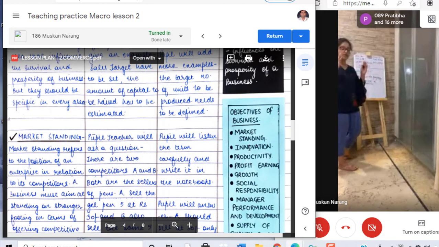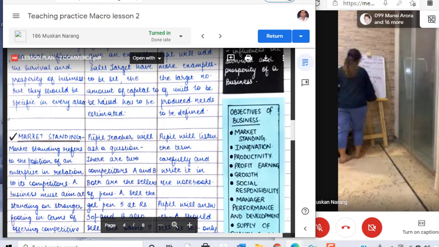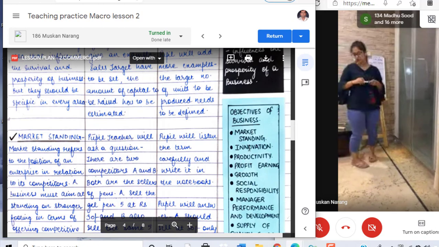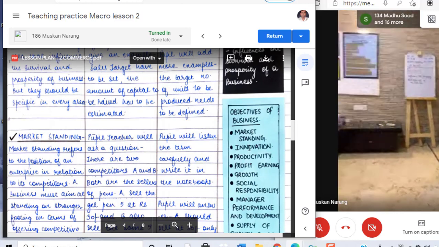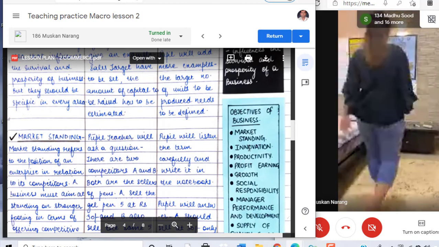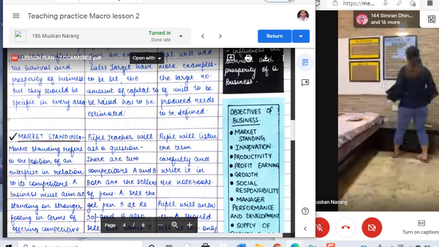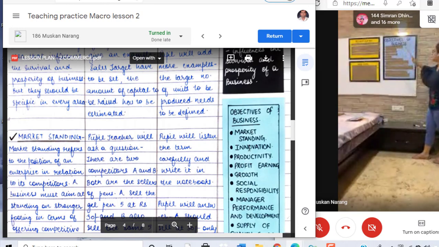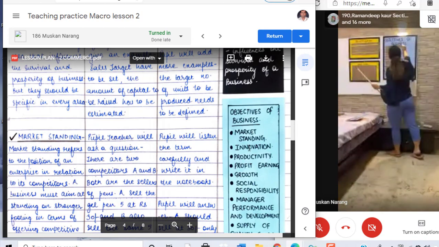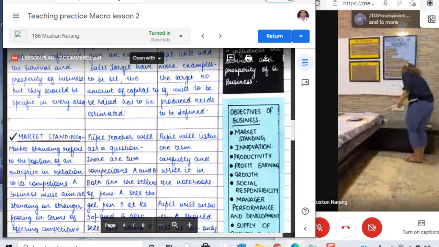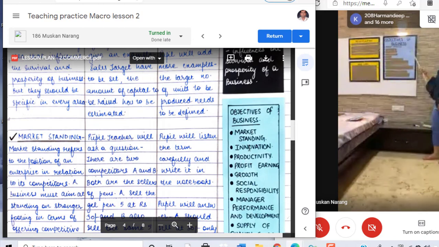If they want sustainability in the market against their competitors or want expansion, the objectives need to be fulfilled. So students, look at the chart carefully. One by one, we are going to discuss the objectives of business. So my number one objective is... is it visible to you?